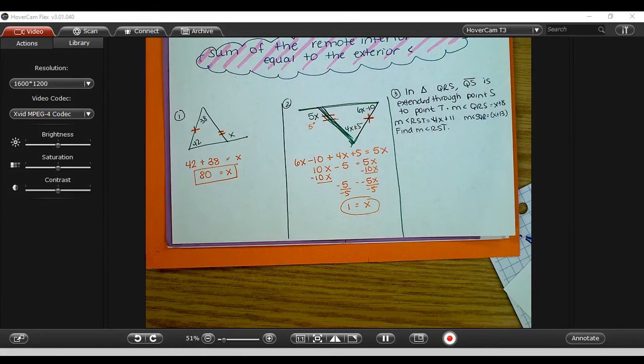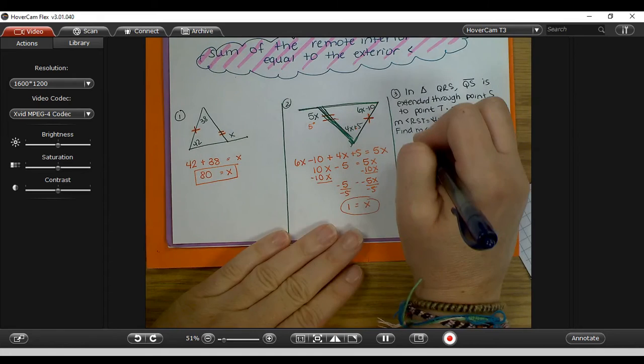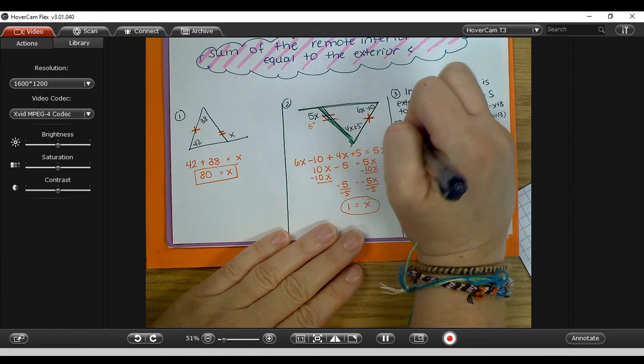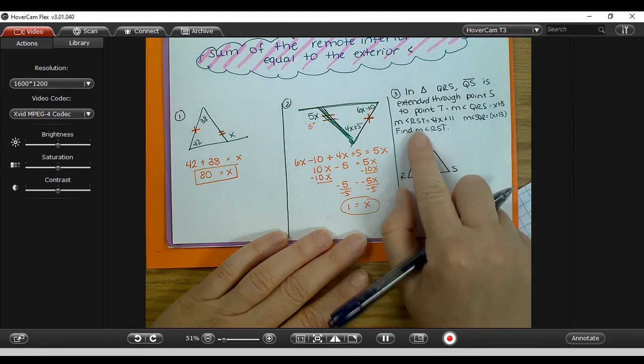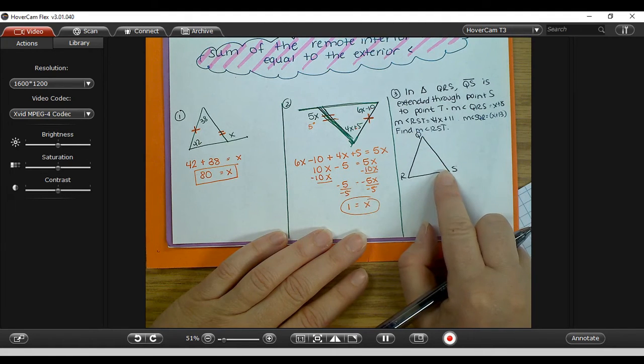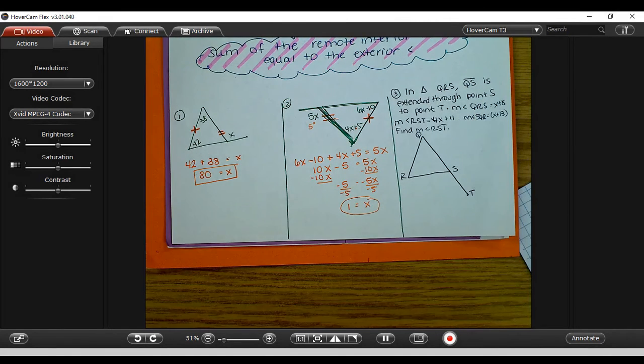All right, so this one looks more complicated simply because it is all in words, but we can turn this into a picture. So I'm going to draw a triangle and name it QRS. And it says QS, so this one, is extended through point S to point T. Okay, that's all that means.